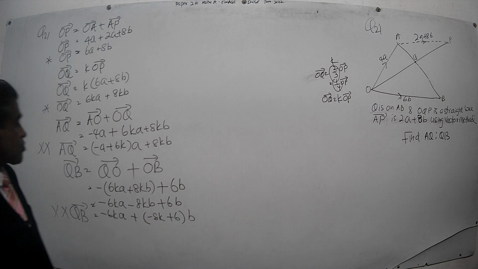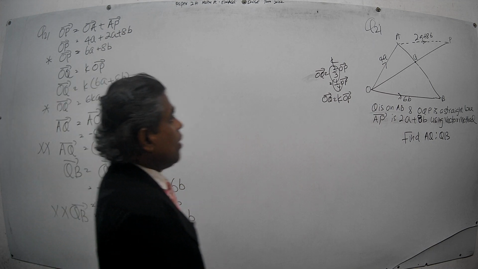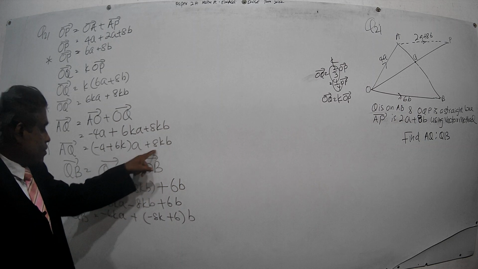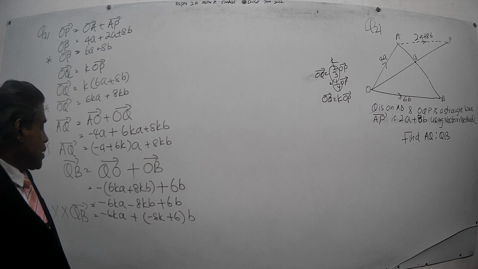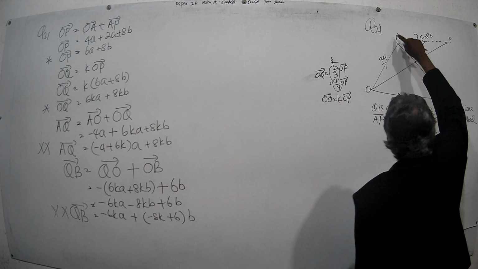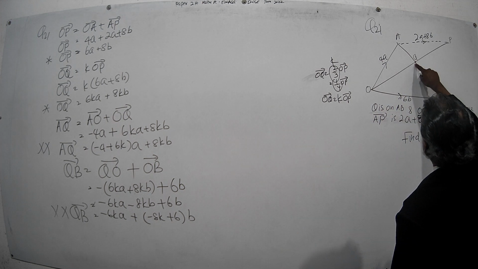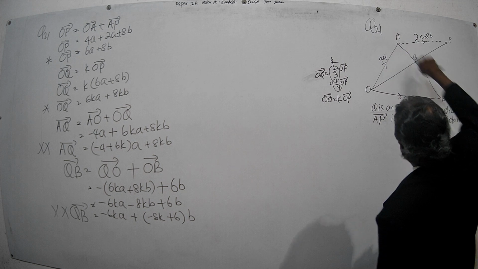Now we want to find the value of this k. For that we have to use a mathematical principle of vectors. If you take these two vectors AQ and QB, they say that Q is on AB. That means Q is a point on AB, therefore AQB is the same straight line.